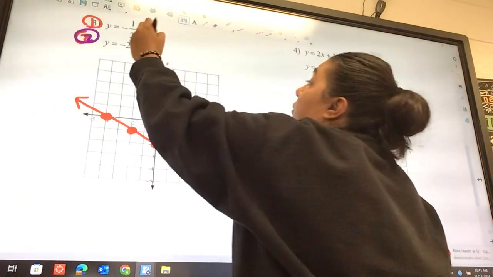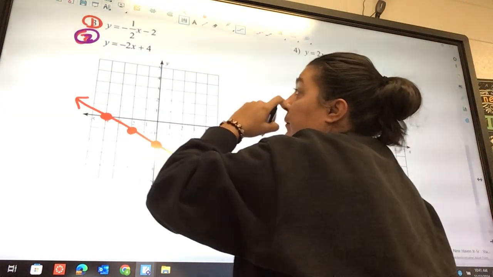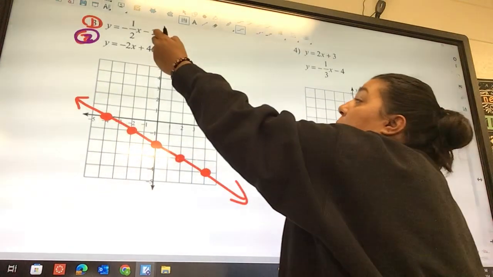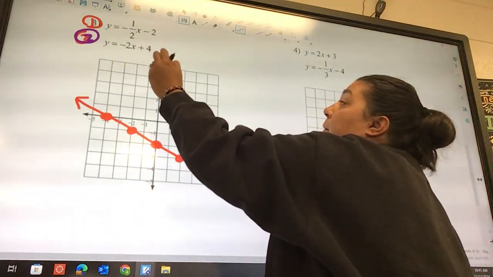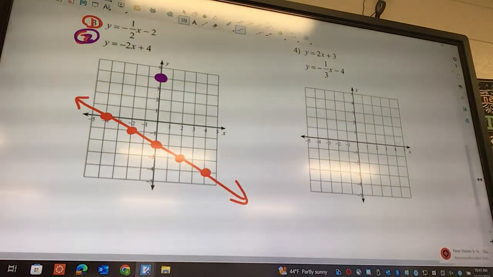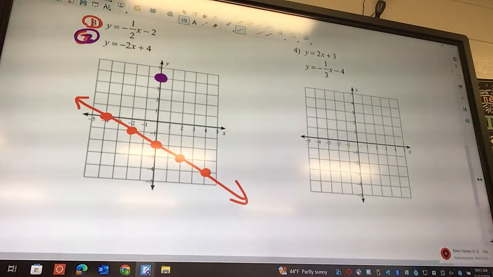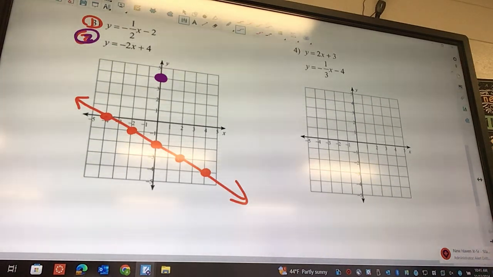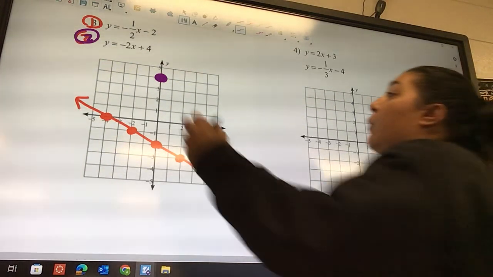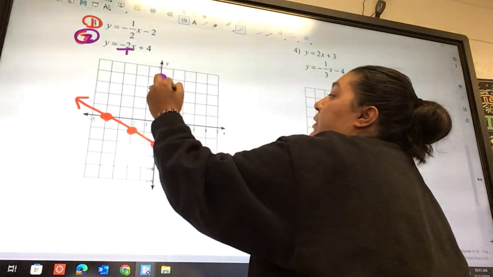Line 2 starts out where? At +4, so we're going on the y line and put a 4. From that dot, what is my slope? Why can I not go up 2? There's no space, so it's 2/1. So I'm going to go down 2/1.